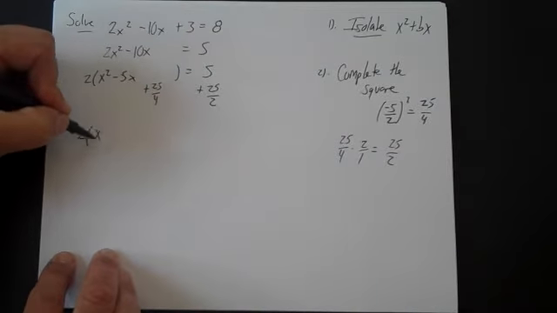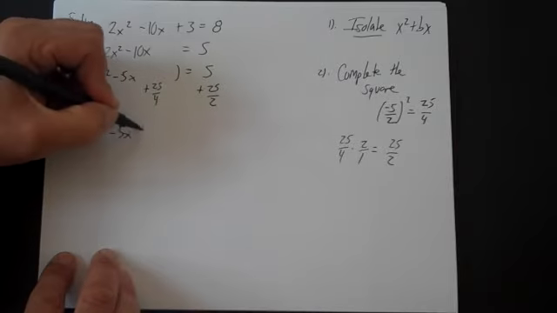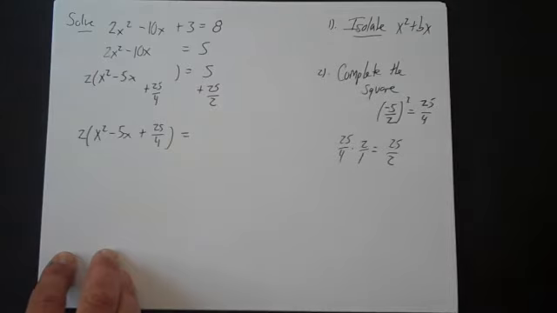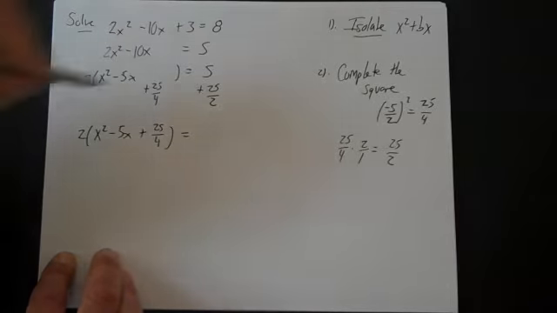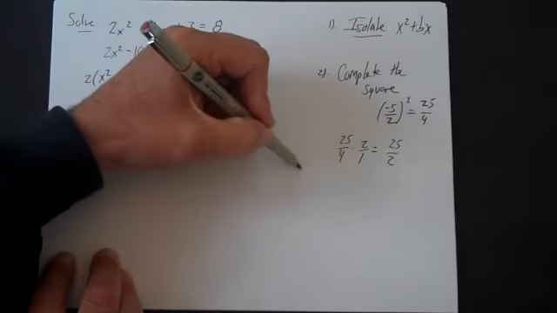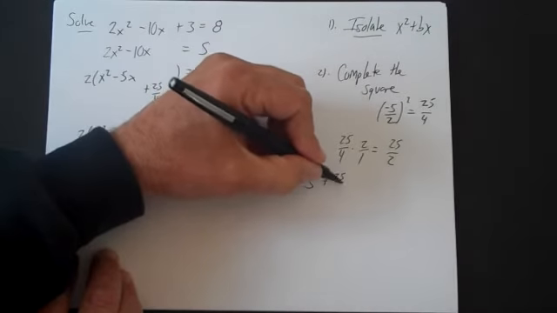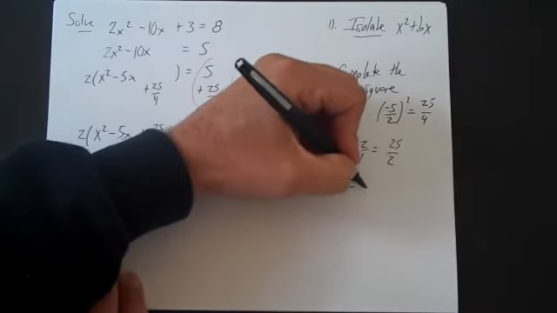So you get 2x squared minus 5x plus 25 fourths is equal to, and here we're going to need to add fractions. So I like to do that over the side. That's 5 plus 25 halves. The common denominator is 2.